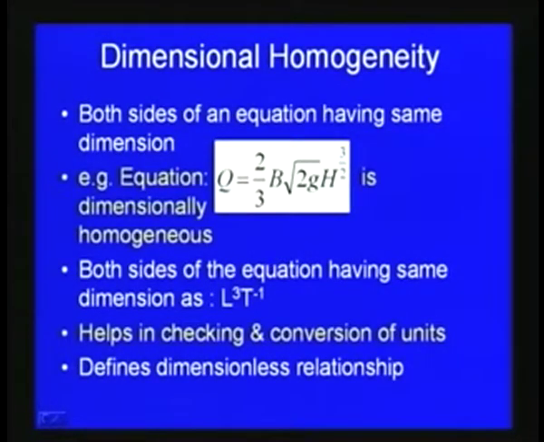If the dimensional homogeneity is there, then we can say that the relationships are properly defined. So, dimensional homogeneity gives an option for checking whether the derived equation is right, or for conversion of units from the FPS system to the SI system or the SI system to the FPS system, and it also defines the dimensional relationship between various variables.